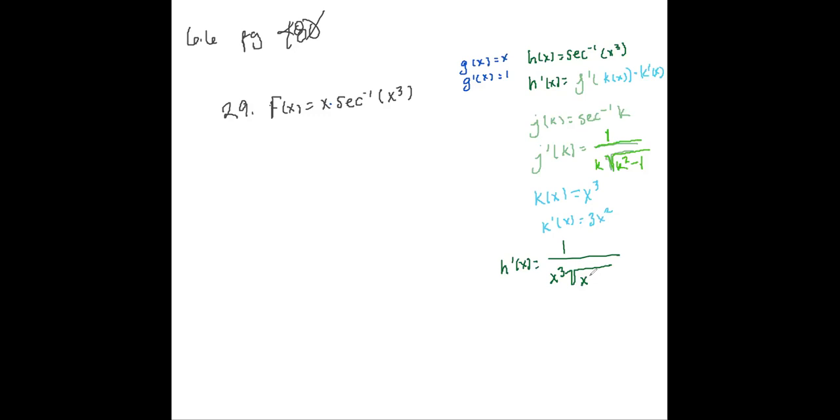Now, x cubed squared is what? X to the 6, yep. This is 3x squared. I'm going to cancel out that x squared there and 2 of those 3 x's there.